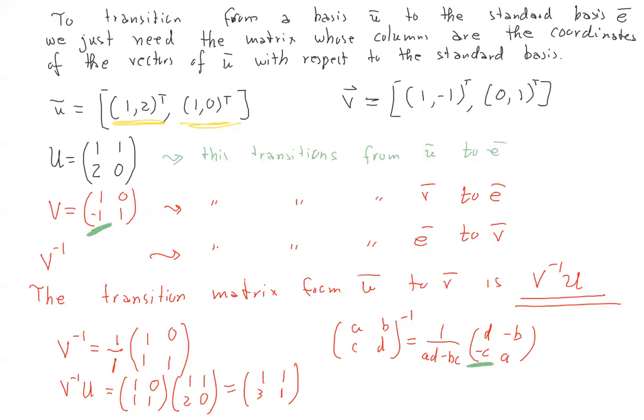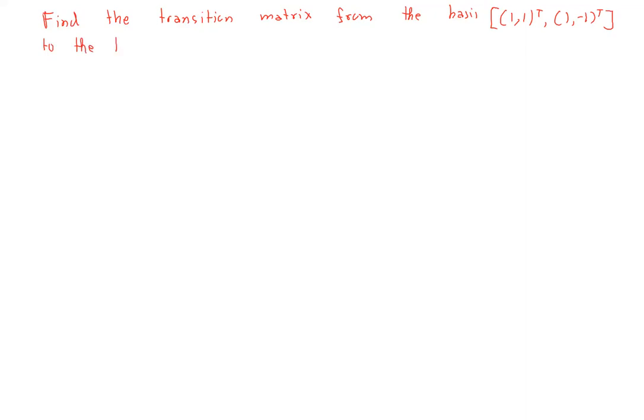Okay, let's do an example. Find the transition matrix from the basis (1, 1), (1, -1) to the basis (1, 2), (0, 1).